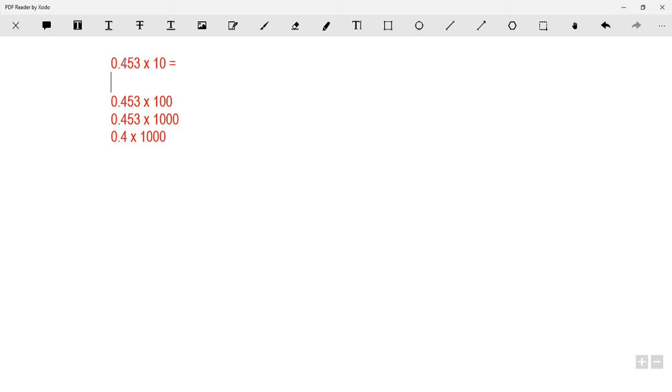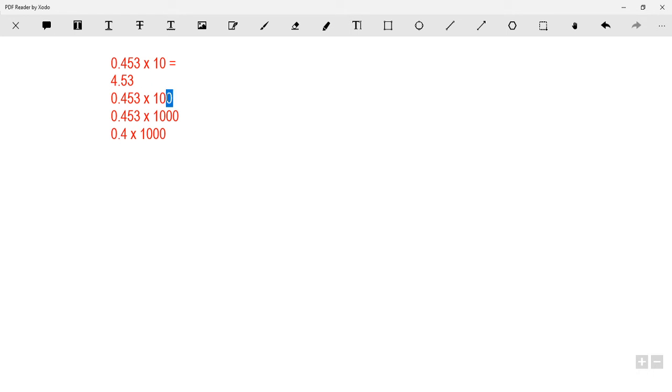So if we're multiplying by 10, all of these numbers go one spot to the left. Technically, the 0 would go one spot to the left, but that doesn't change the value, so we don't need to write the 0. So it all goes one spot to the left.